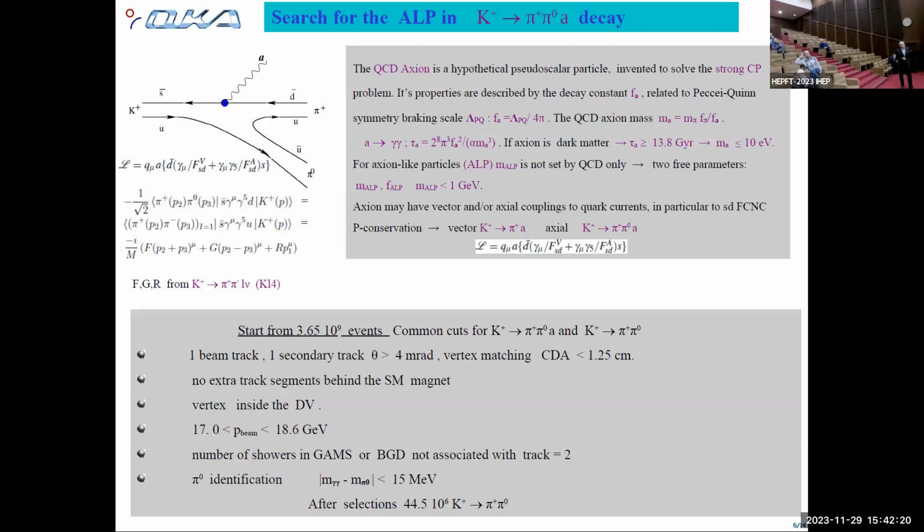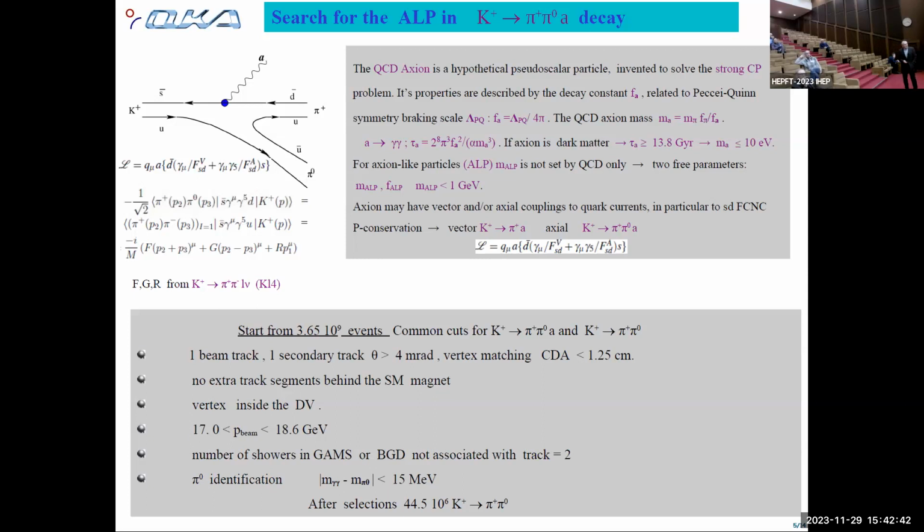So the selection is rather straightforward. First, we select pi plus pi zero system, and this part of selections is common for this decay under search and K plus pi zero decay, which we use for normalization.